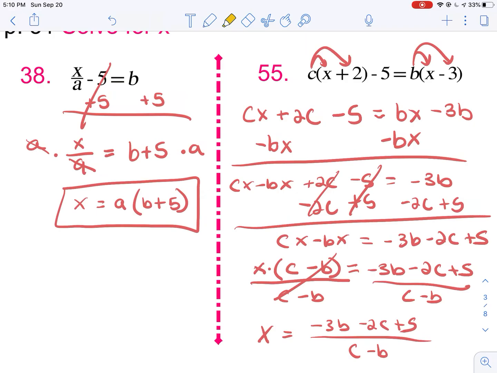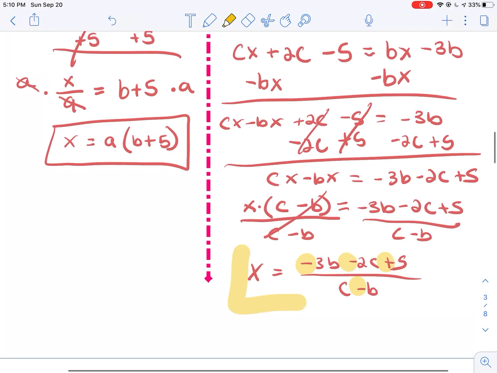Now, keep in mind, do you see all of these additions and subtractions? I cannot cancel any of those b's and c's because of those additions and subtractions. They would need to be multiplication in that denominator especially, and you would need common factors in all the terms in my numerator. So we just leave our answer exactly like that.